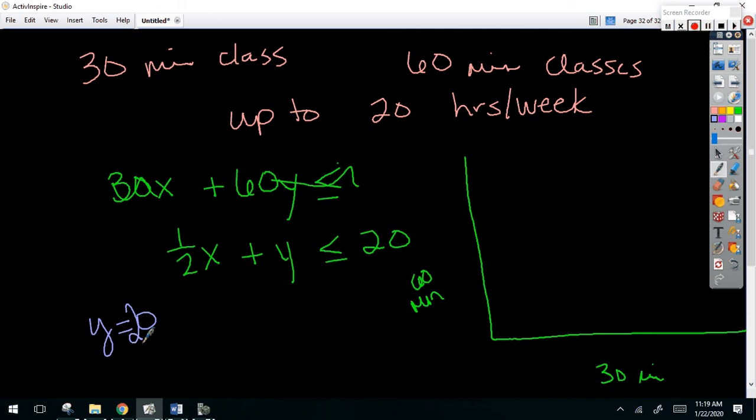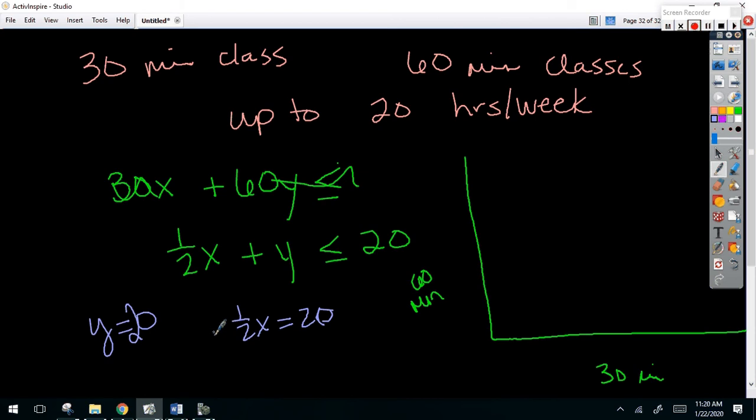All right, and your intercept for X, if 1/2 X equals 20, then X equals... 40. Why is it 40? I don't know what is wrong with this pen.